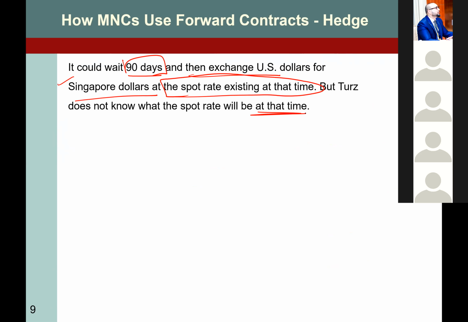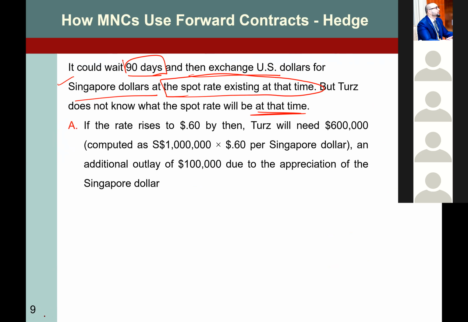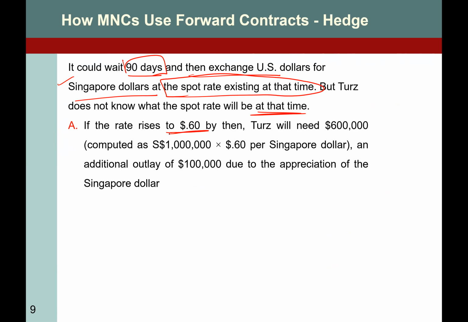So we have two scenarios here. Number one, if the rate rises to $0.60, it means one Singaporean dollar is now $0.60.